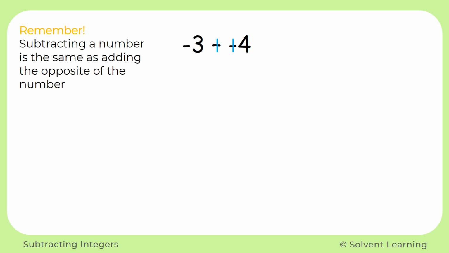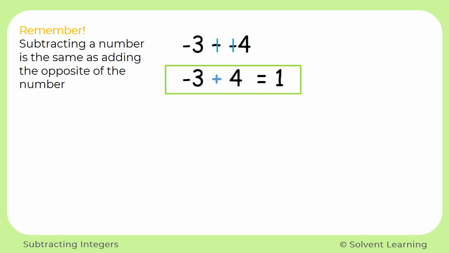So that's one way that you can approach it: whenever you see subtraction followed by a negative number, just draw 2 little vertical lines to make them both plus signs. And then we can treat it as an addition problem. So now we have negative 3 plus 4 equals positive 1.